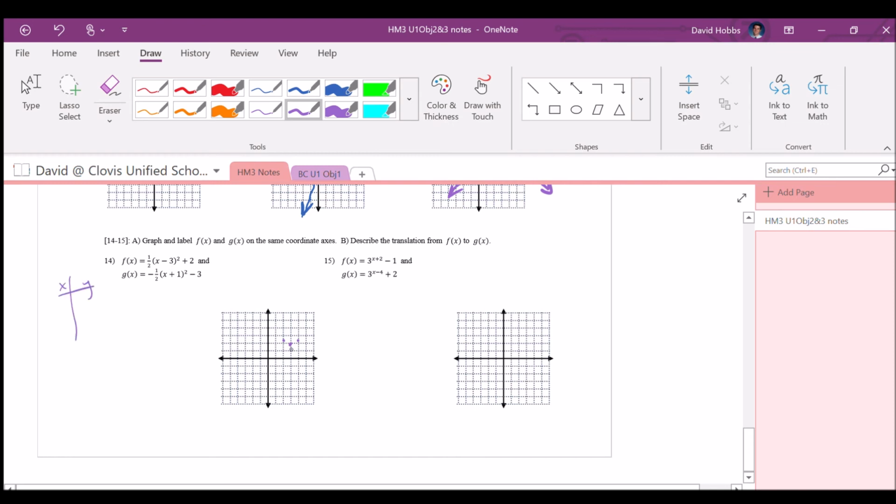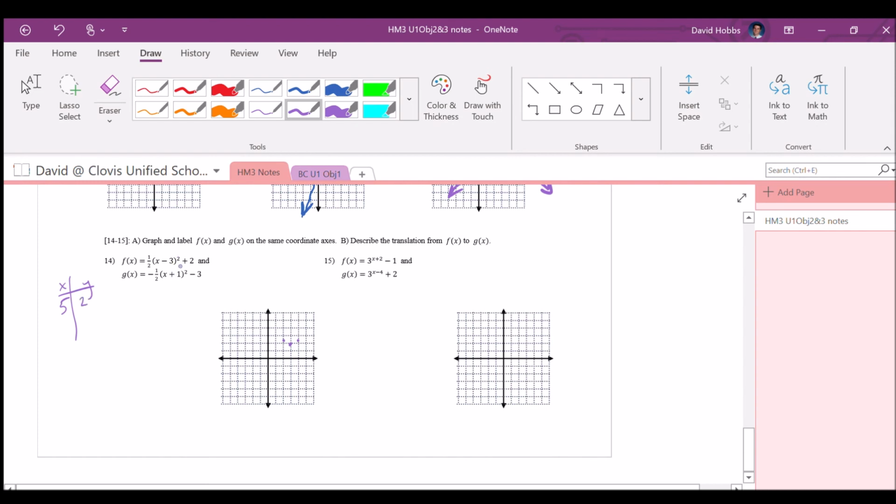I want something that would divide evenly by 2. So if I went to the right 2, so if I went to 5, okay, so if x equals 5, 5 minus 3 is 2, squared is 4, half of that is 2.